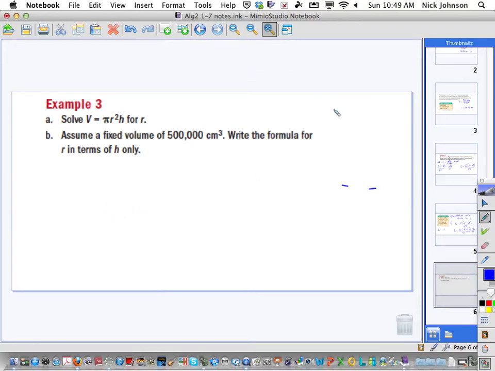So volume equals pi r squared h, and now I need to get rid of the h and pi. So I can divide by pi and h.